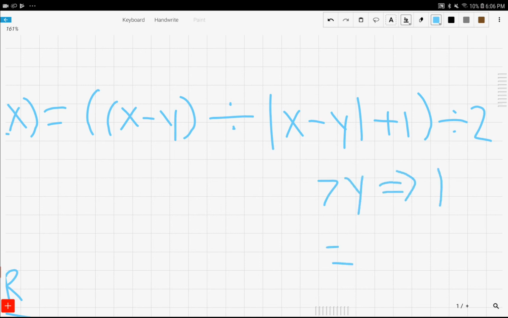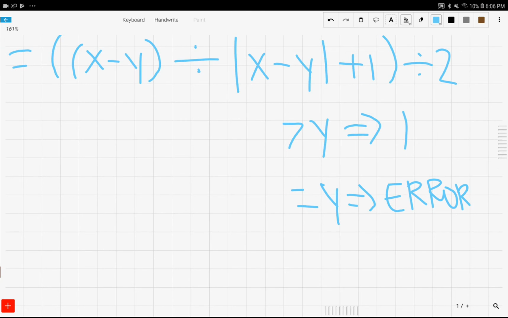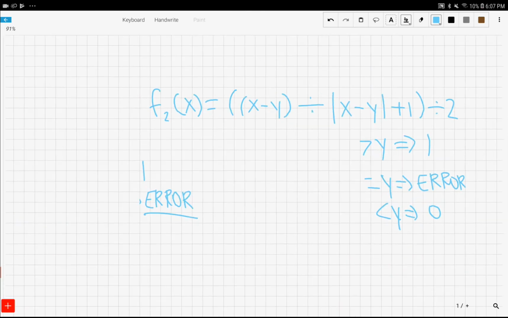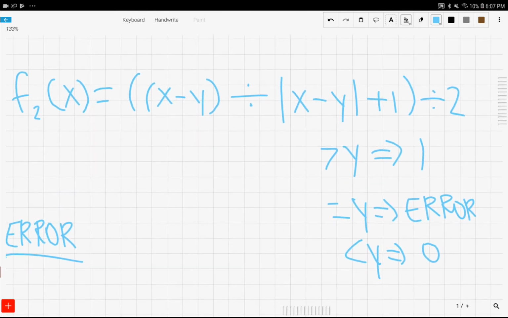If it's equal to y, you will get an error, and if it's less than y, then you'll get a 0. So this function really gives you 3 values, but we're really looking for the 1s here, and when you see a 1, then you know that x is greater than y, in that case, strictly greater than y.